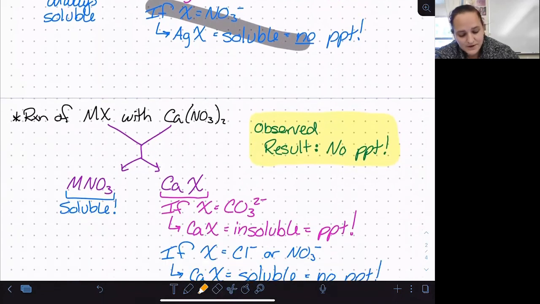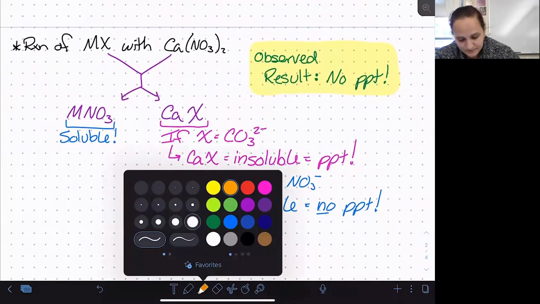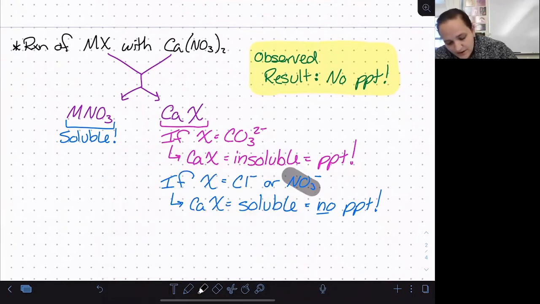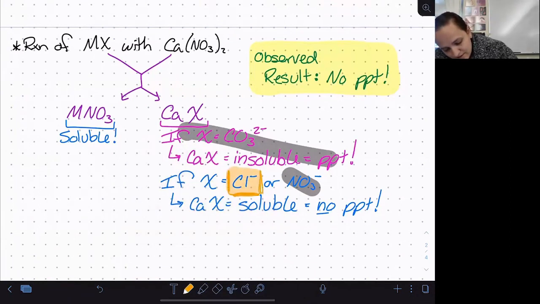And then our last reaction, we saw no precipitate. We had already knocked out nitrate as an option previously, but now the absence of a precipitate when we reacted our unknown substance with calcium tells us that the only option remaining is that our anion is chloride.